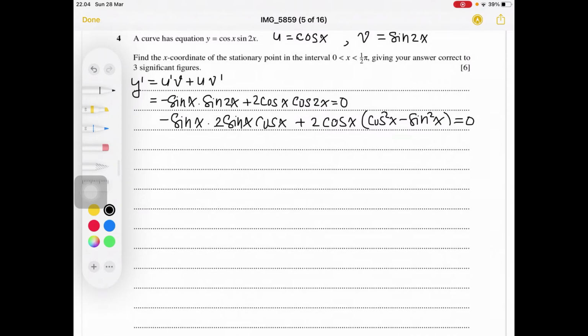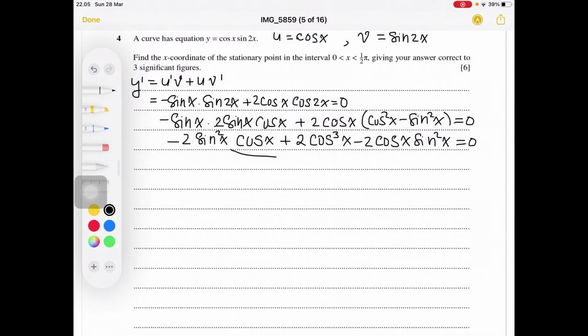Then we can simplify into negative 2 sine square x cos x plus 2 cos cube x minus 2 cos x sine square x is equal to 0.